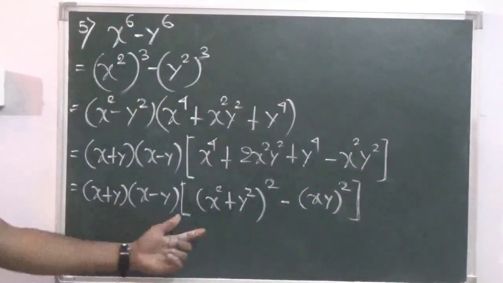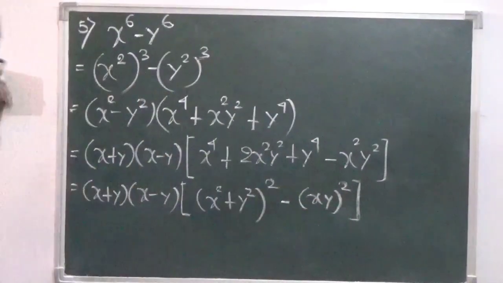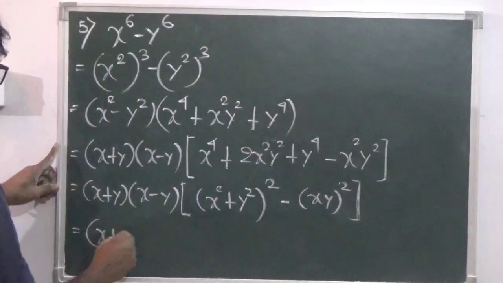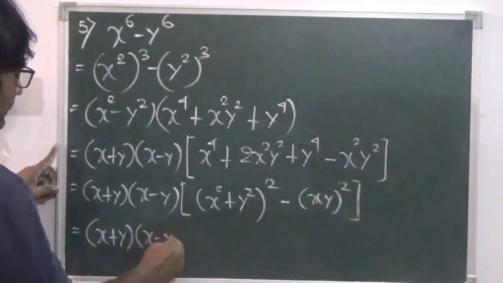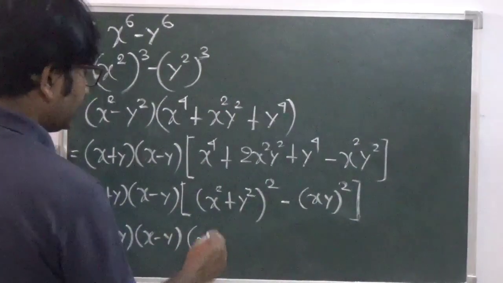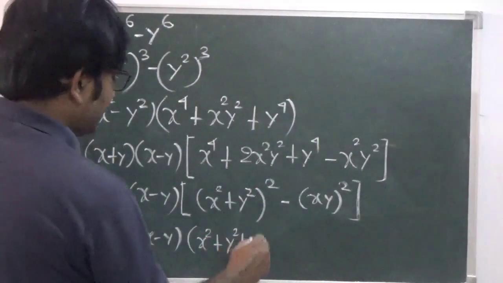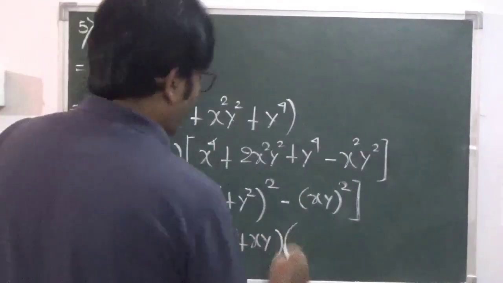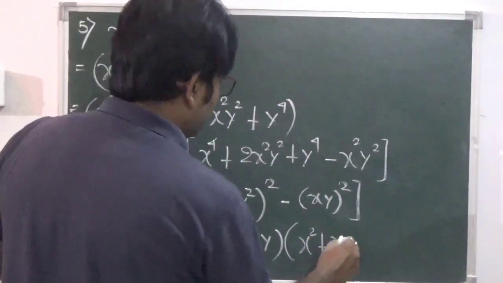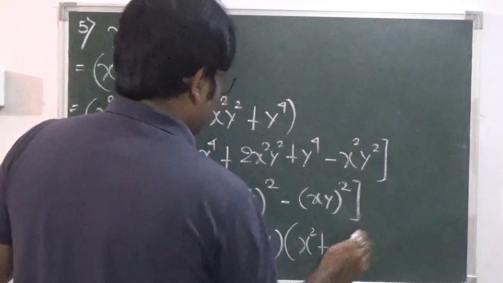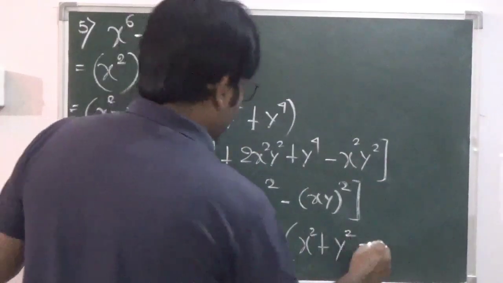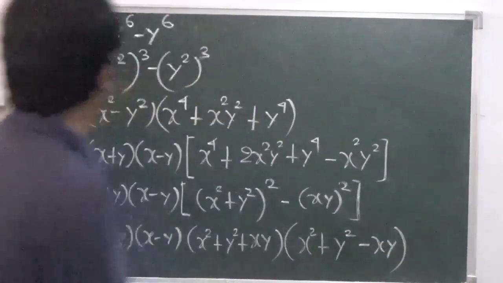So it is again of the form a square minus b square. So you can write x plus y, x minus y, and x square plus y square plus xy, x square plus y square minus xy.